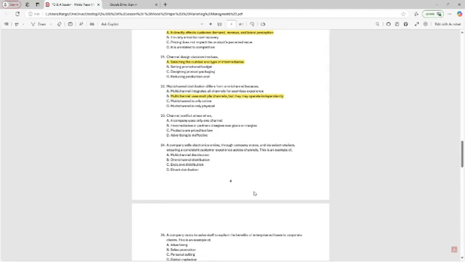So that is the answer, right? We do not want to take much time. The second option is the correct answer. Channel conflict arises when intermediaries or partners disagree with their decisions. So answer is B.